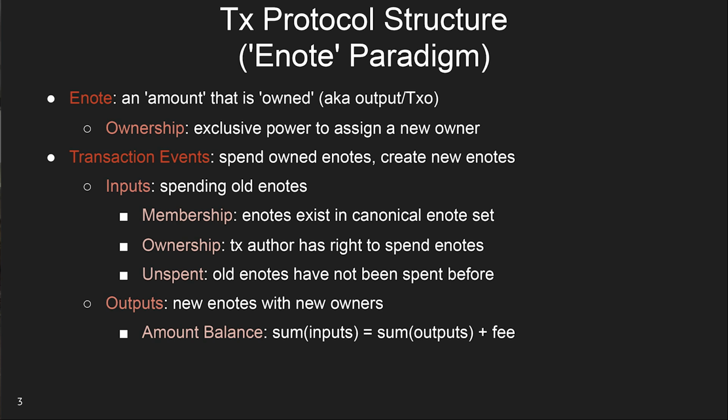You must prove that the E-note actually does exist in the ledger. You must prove that you own the E-note, you have the right to spend it. You also have to prove that it hasn't been spent before. So the outputs of the transaction are the new E-notes with new owners. And all you have to do is prove that the amounts balance between inputs and outputs.